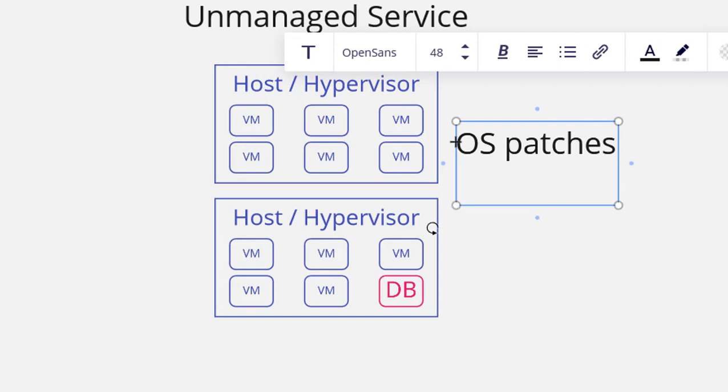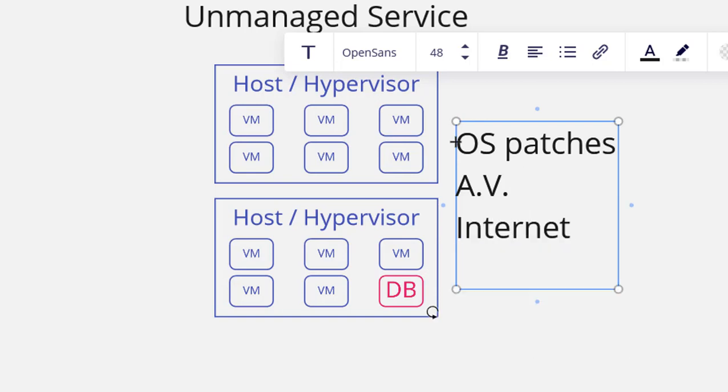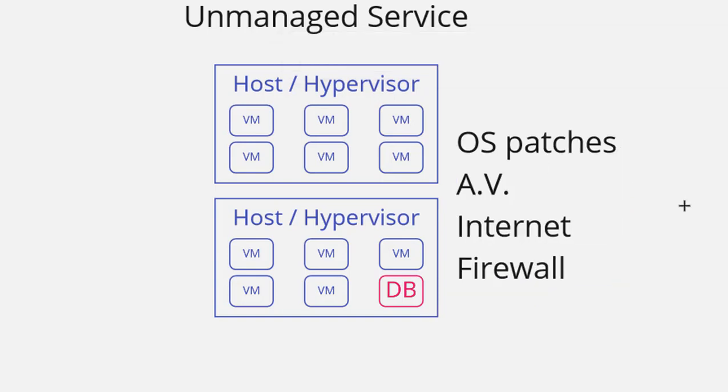I have to make sure that I'm running antivirus on this virtual machine. I have to make sure that I'm not making it accessible on the internet, and that I've created the appropriate firewall rules to secure this VM. My cloud service provider isn't managing that for me. They're just giving me the infrastructure to run this virtual server on.